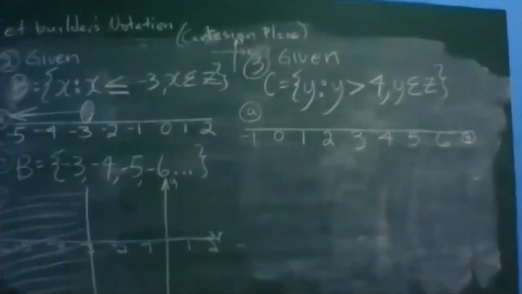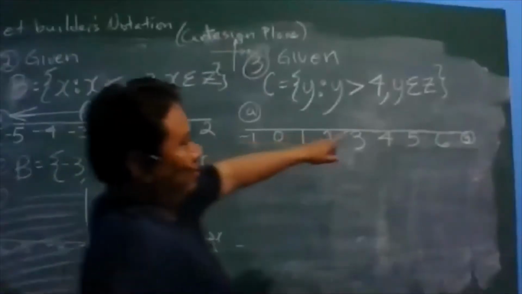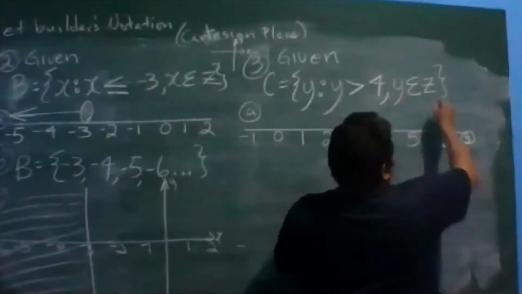Where will you put the z that is at the end? This z is for integer.